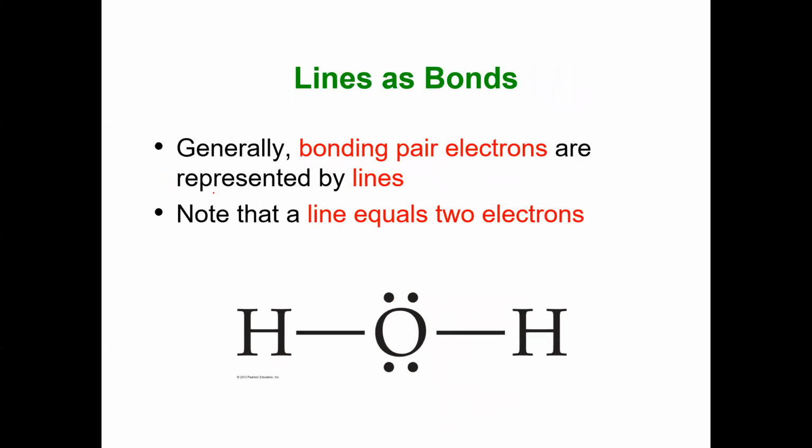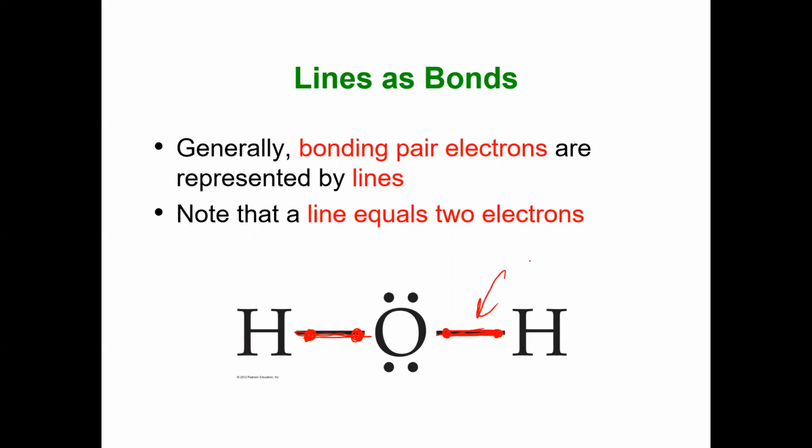So one of the key things is when you're showing bonds or shared pairs, we're actually showing them as lines. We know that 1 dot came from the hydrogen and 1 dot, or 1 electron, came from the oxygen in both of these bonds. We understand that, but because they're shared and there's an overlap between the two atoms, we're depicting them as lines.